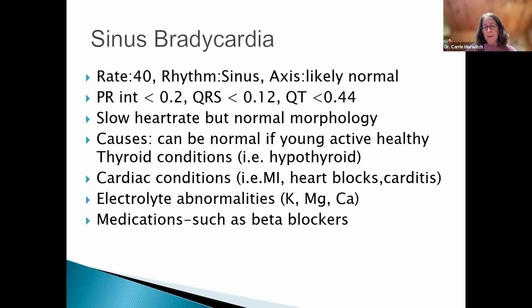Sometimes people start to get bradycardia first before you start seeing some of the others. Electrolyte abnormalities could also do this, or is this person taking beta blockers or something else that could slow the heart rate down? So just because I gave you a young, healthy person doesn't mean there could not be an underlying issue. You need to always make sure you're taking a good history and think of some of those other things that could be contributing. Next slide.